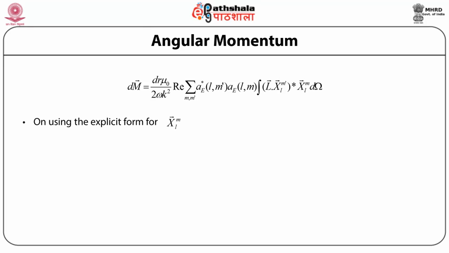On using the explicit form for X vector lm, we have dM vector by dr equals mu naught divided by 2 omega k square into the real part of summation over m dash of a_E conjugate as a function of l m dash into a_E as a function of l m, into the integral of Y lm dash conjugate into L vector into Y lm d omega.